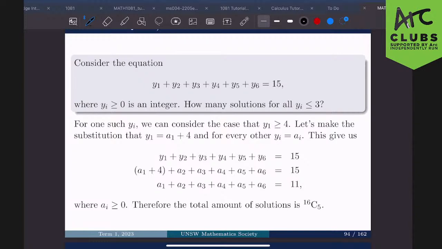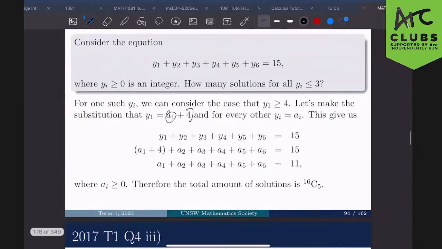And remember, if one of the yi's is greater than or equal to 4, we can just rewrite it as another non-negative integer plus 4, and that will guarantee that it's always at least 4. We can substitute it. Technically you don't have to replace every other one.